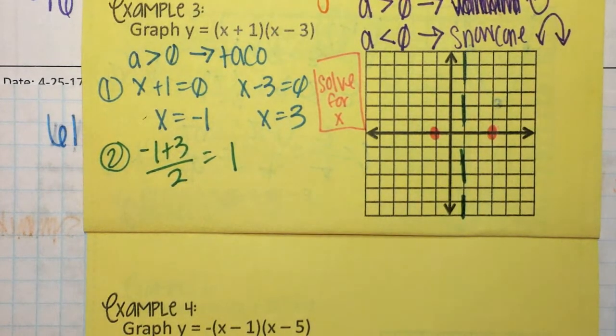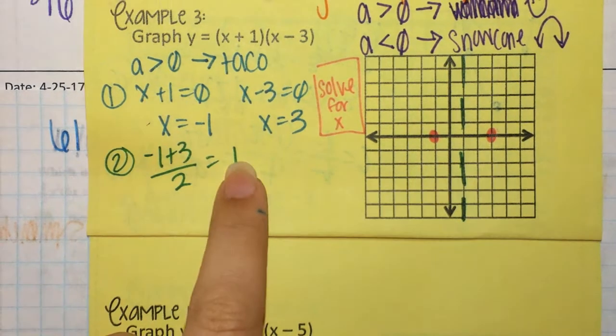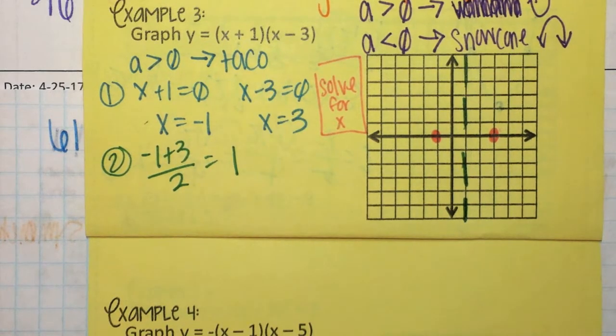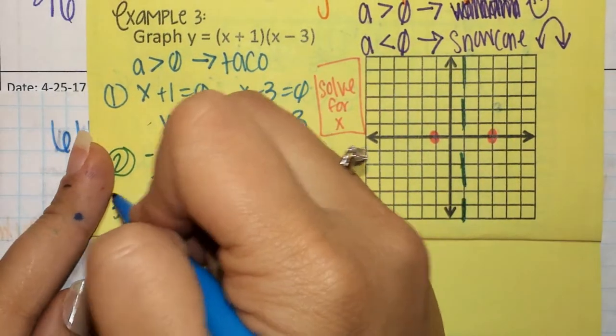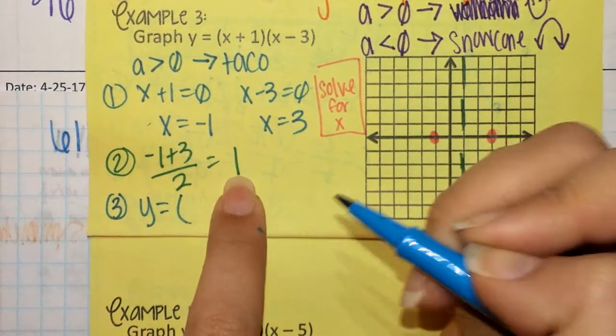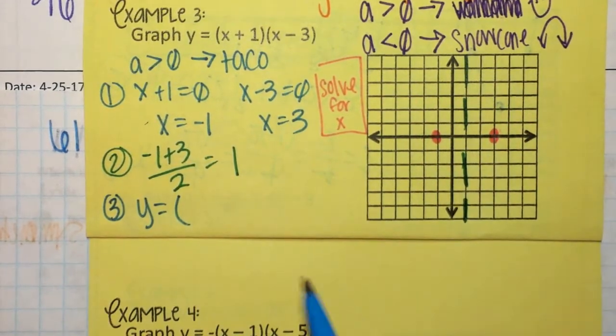How do you think we would find our vertex? Plug it in. You take your x value right here and you plug it in up here. So y equals, what was our x value for our axis of symmetry?